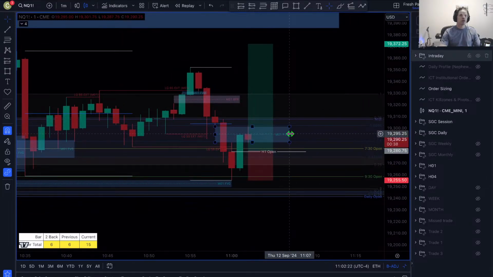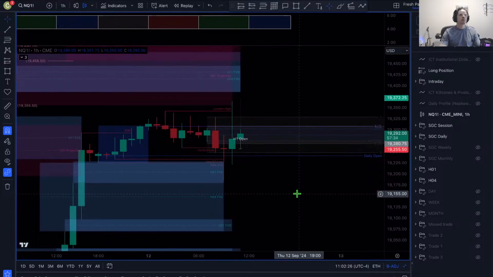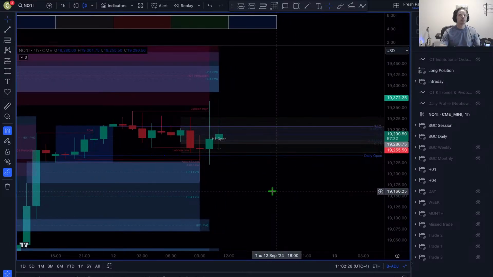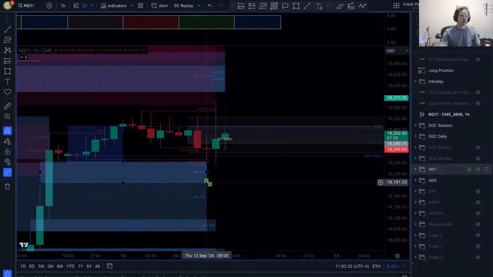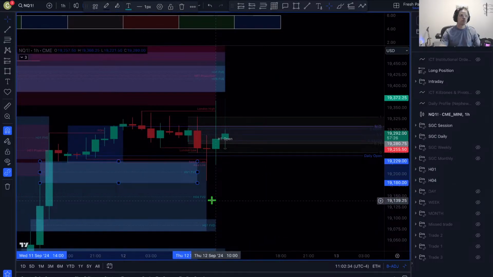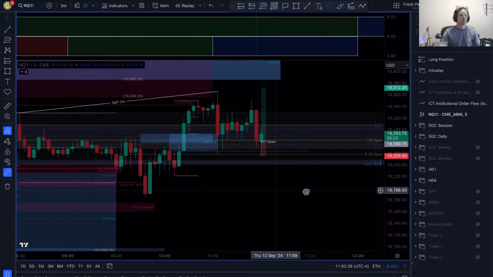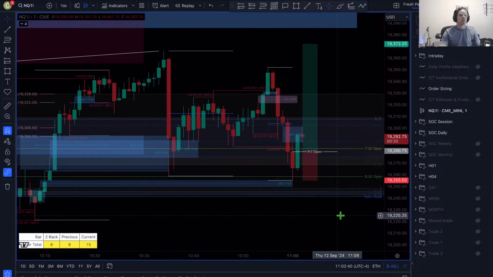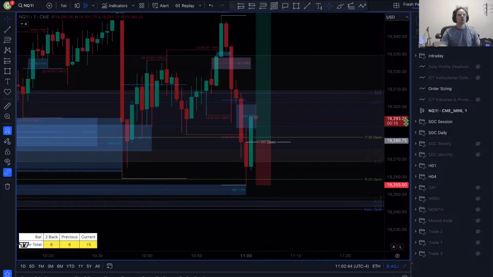Or is this fair value gap going to hold, and that was set up for the hourly to continue down? Right, maybe take out this low. Close it below the consequent encroachment.